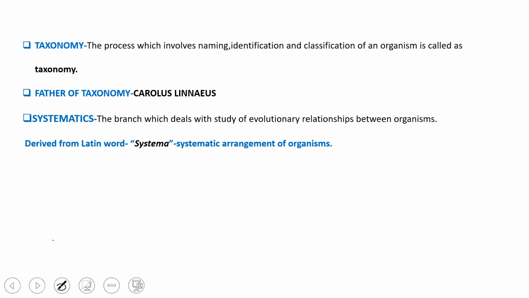And further, based on the nomenclature, the classification will be done. More or less, the similarities and the dissimilarities will be taken into consideration, and then the classification of organisms will be done. Henceforth, the naming, identification, and classification are called the processes or basis to taxonomy.